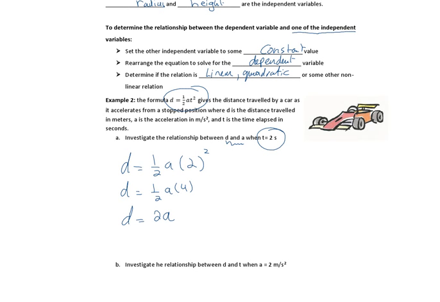So the equation looks like this now: D equals 2a. Much simpler, right? So now this is the relationship between D and A. Do you guys agree with me? So the relationship is D equals twice A.